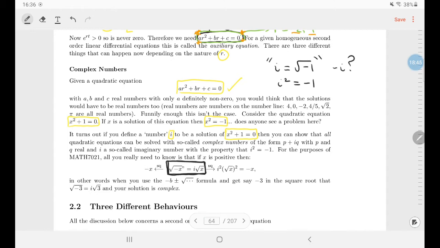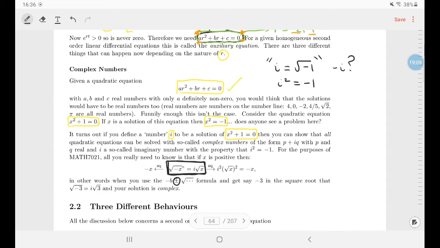Strictly speaking, it should be plus or minus i root 3, but don't worry about it. The plus or minus comes from the -b formula, so you never see the square root of -3 on its own. It'll always be plus or minus the square root of -3. So you use the -b formula, you get -3 in the square root, you say the square root of -3 is i times root 3, and you get complex roots.